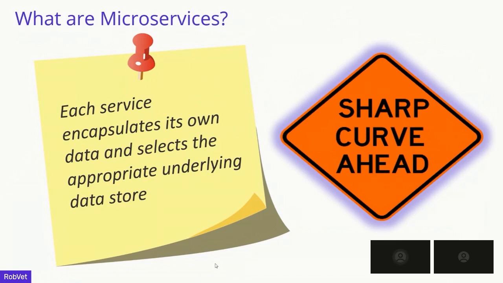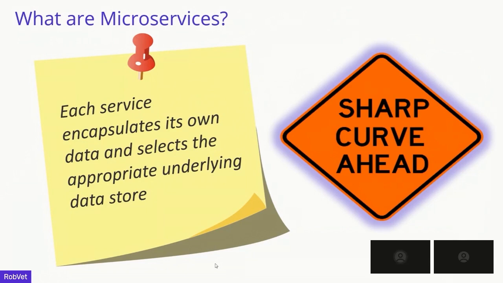So what we end up with is a service with its own data, and that service selects the appropriate or best underlying data store. For example, maybe the product catalog says, you know what, my data is best represented in a relational database. So maybe it uses Azure SQL. Maybe the shopping basket says, I've got a very simple data schema, why don't I just use a Redis cache to represent my data?